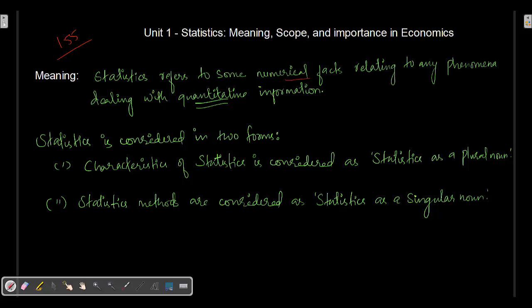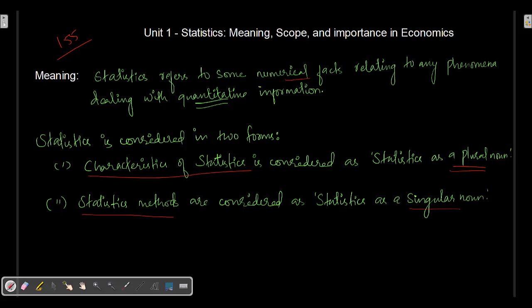The first one is the plural form, and the other one is the singular noun, or singular form. The plural form is mainly the characteristics of statistics, and with the singular noun, we are mostly talking about the statistical method. Now we will go ahead and learn about statistics in singular sense and in plural sense.